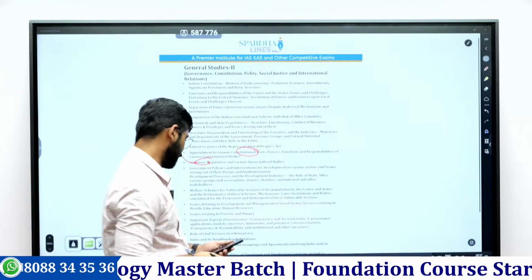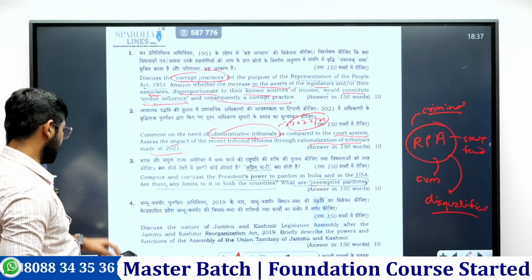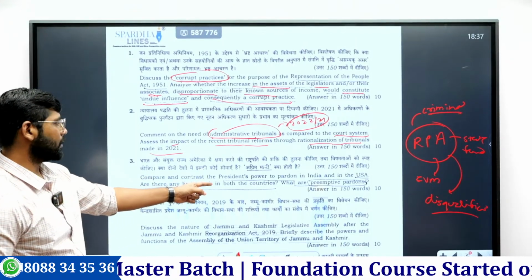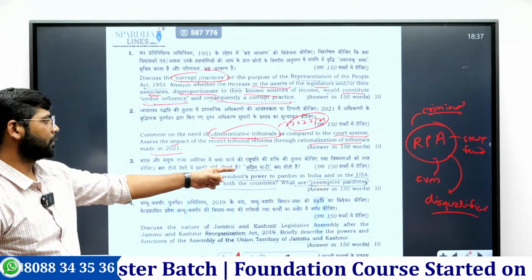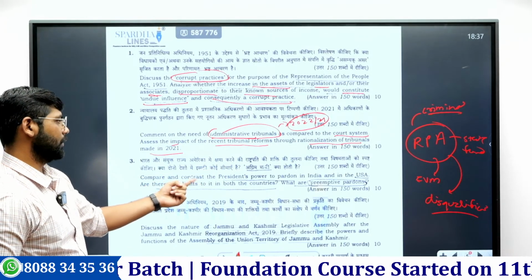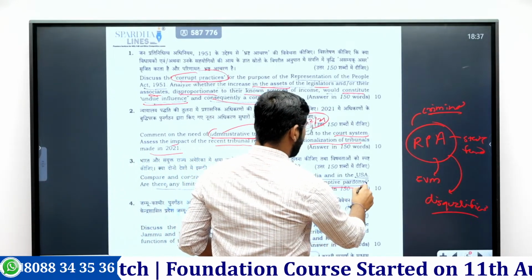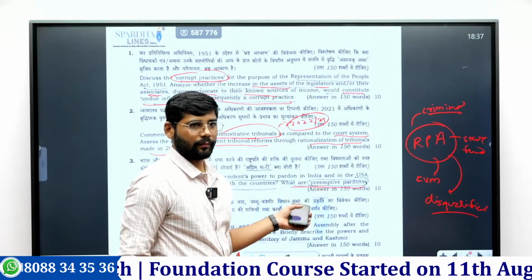Next, again I will show you, there are many questions in this system. Now see this one, the third question: compare and contrast the president's power of pardon in India and in USA. Are there any limits in both countries? And what is a preemptive pardon? So this is some bouncer.